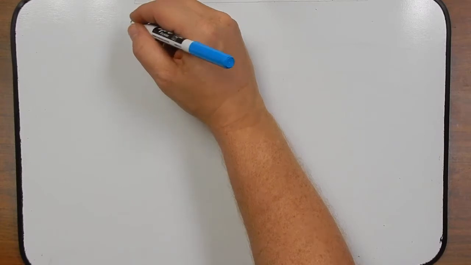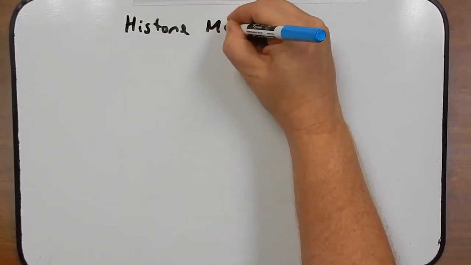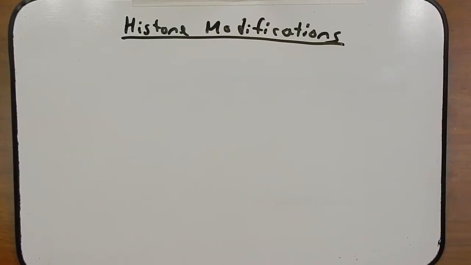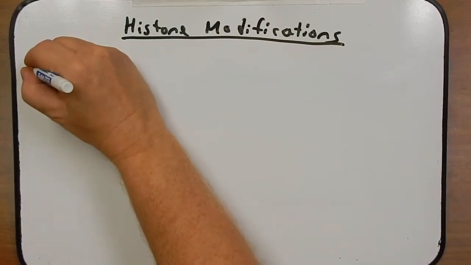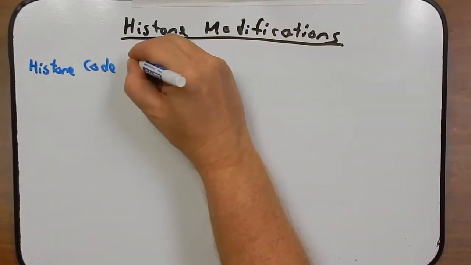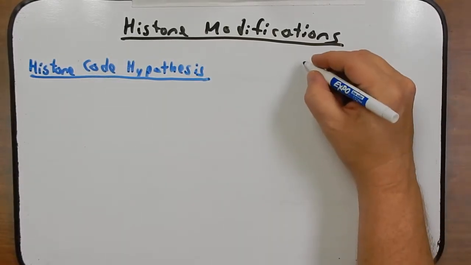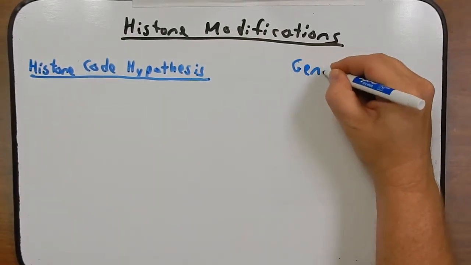In this podcast we're going to talk about histone modifications. As we get started, I want to talk about this hypothesis called the histone code hypothesis. If you remember back in your days in genetics class, you learned about the genetic code.